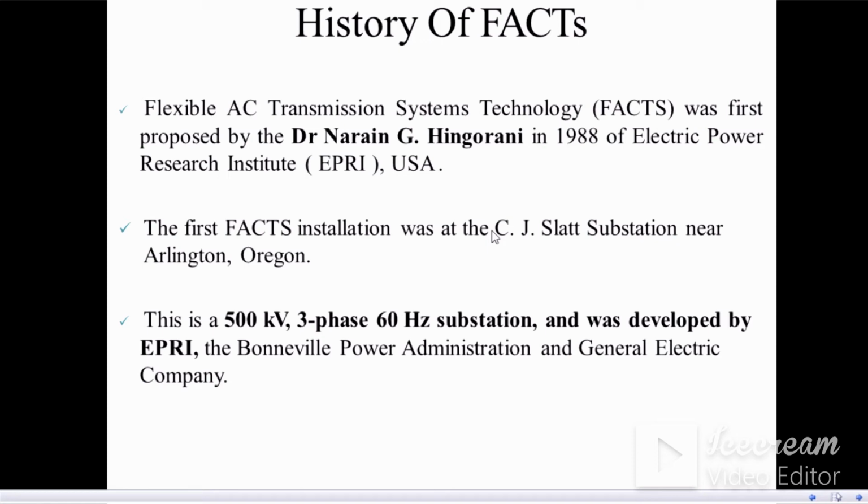This is a 500 kV 3-phase 60 Hz substation and was developed by EPRI, the Bonneville Power Administration and General Electric Company. So these were the foremost information regarding FACTS.